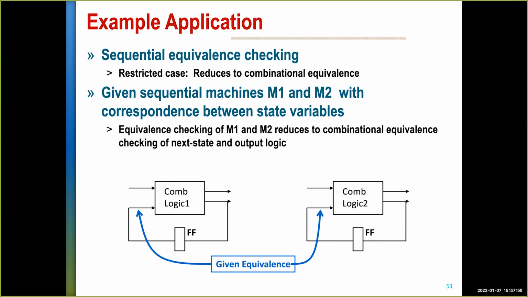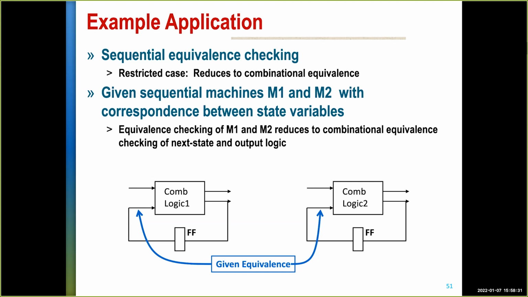Now, in general, the equivalence between state variables may not be given, or you may have to spend extra effort to find out if there is an equivalence between the corresponding state variables. So in general, the sequential equivalence checking problem is much harder than the combinational equivalence checking problem. But in the special case where the equivalence between corresponding state variables is given, it reduces to the combinational equivalence problem. Now, what do we do in general for the sequential equivalence checking problem?